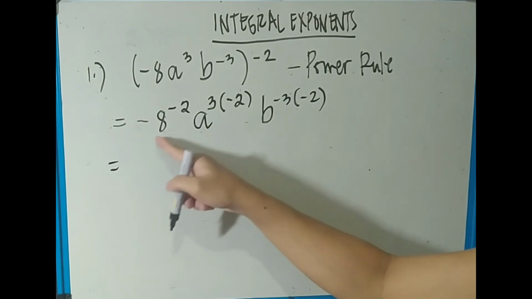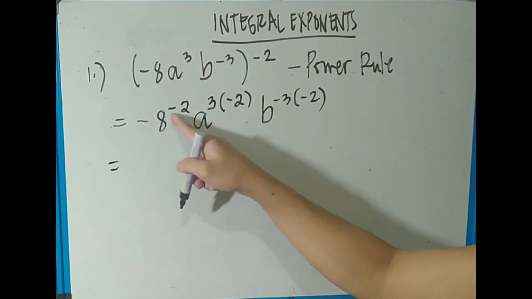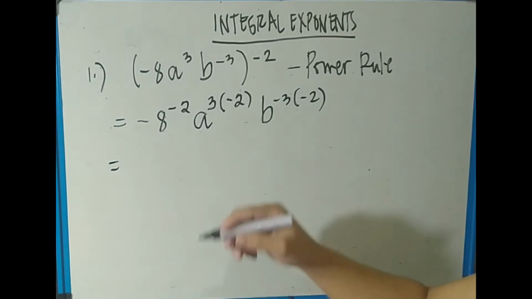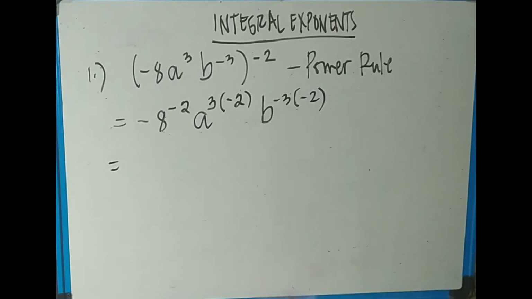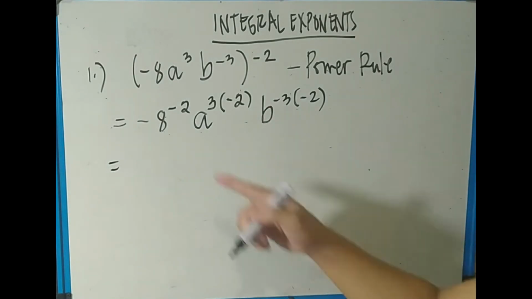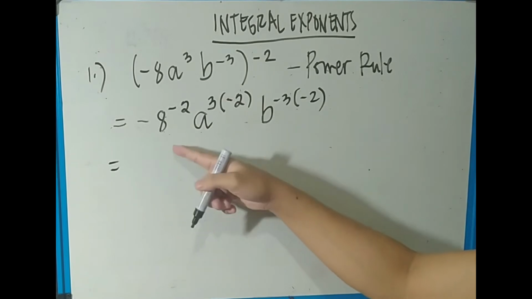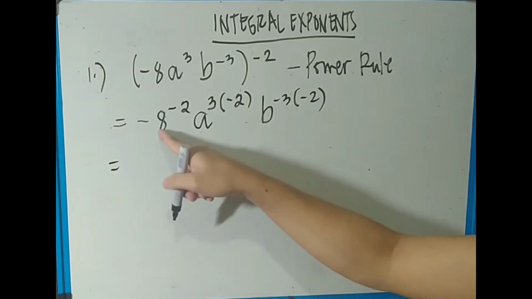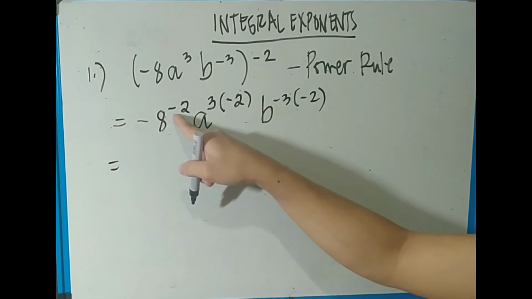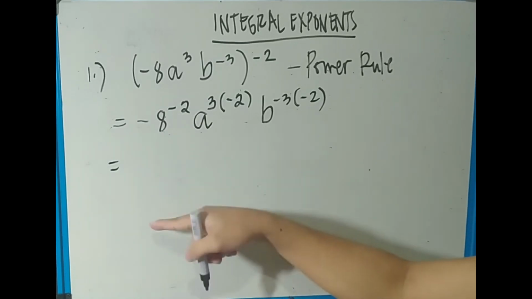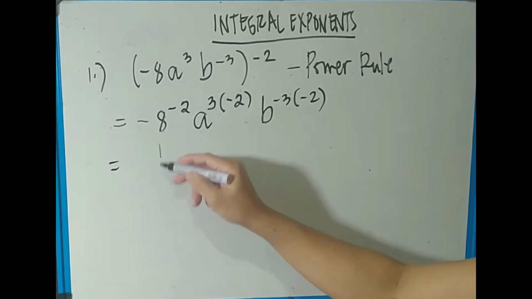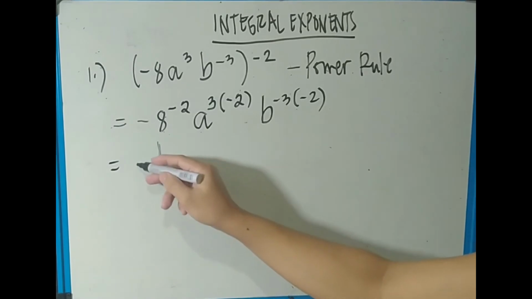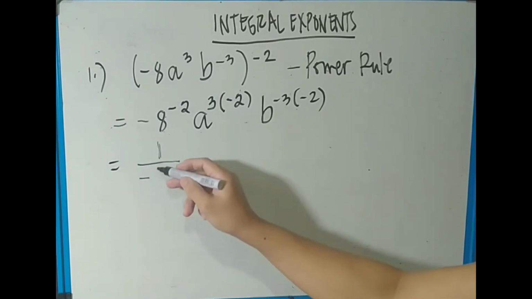Okay, for this one, we have, since negative 8 siya and negative 2 ang exponent niya, ang rule natin kapag negative integral exponent is to make it a fraction or ibababa lang natin siya. So, since negative yan, automatic lalagay natin siya sa baba. So, maglalagay lang tayo ng 1 sa taas. Then, we have copy negative 8.